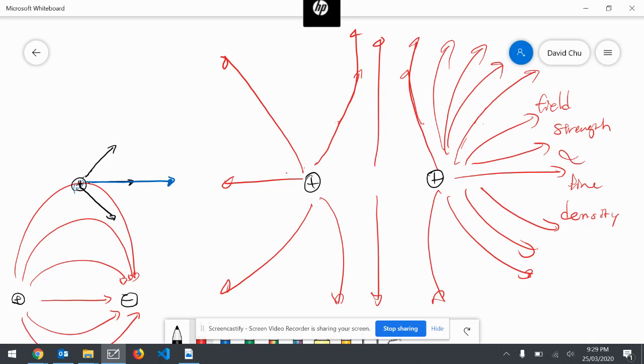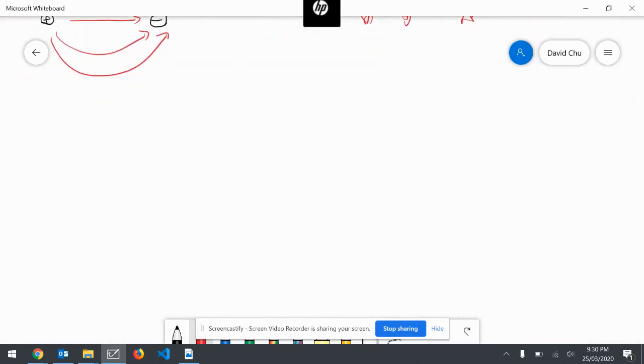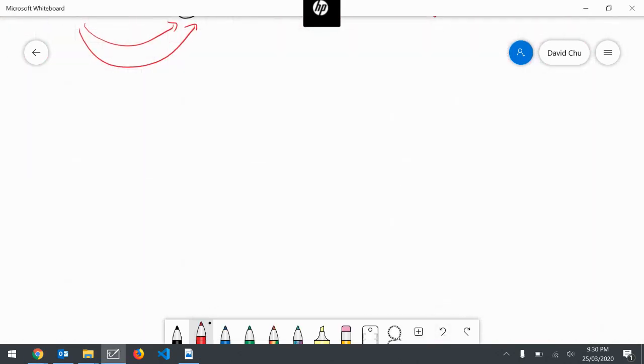I've mentioned a lot about field strength, and it's now time to be a little bit more analytical and mathematical. At this point, I want you to think back on the gravitational constant. Newton's law of gravitation is G times m1 times m2 divided by r squared.